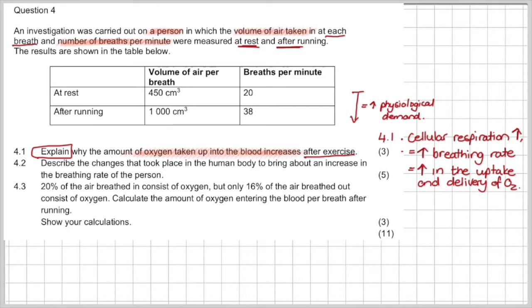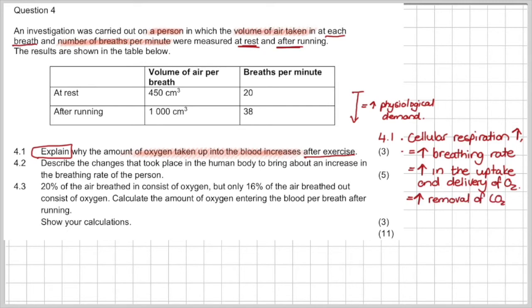Okay, so that's a 3 mark question, and I think if our answer encompasses each of the things we've listed here, so an increase in cellular respiration increases the need for increased breathing rate, which delivers more oxygen to the muscles that are respiring, I think we're going to get our 3 marks there for question 4.1. Right.